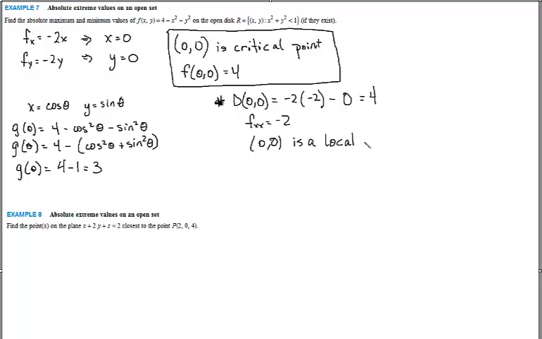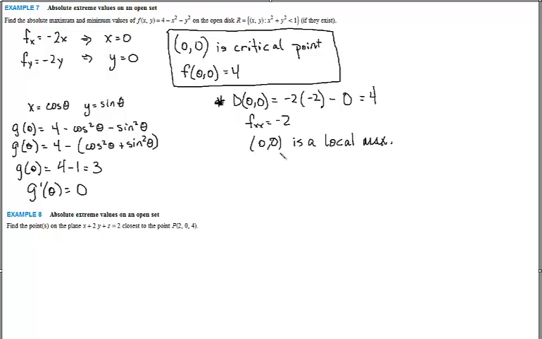So now that I have that it is a local maximum, I'm going to check what's going on here, and I find that when I rework that equation in terms of the one single variable theta, I get that my function equals a constant, and then my derivative is equal to 0, which means I have my critical point at 0, 0.